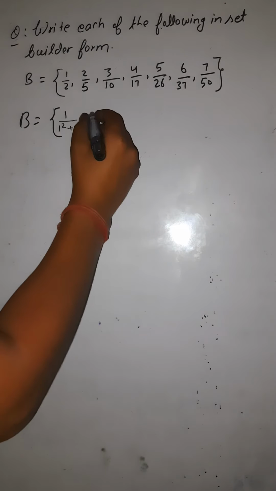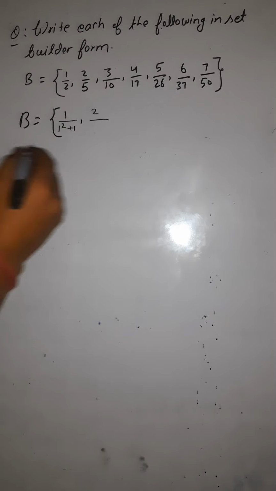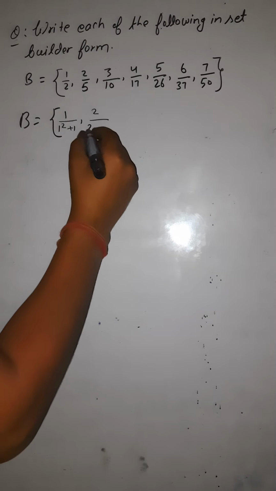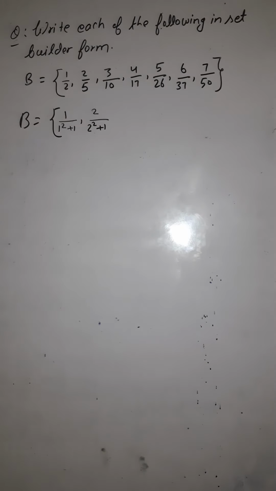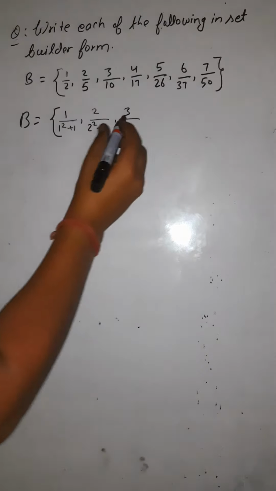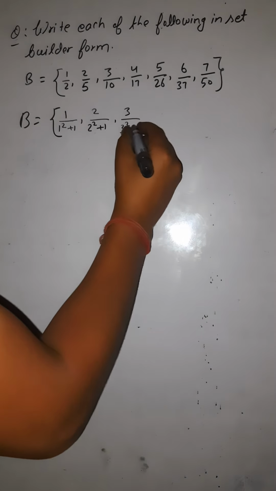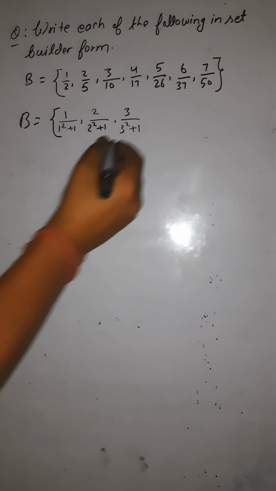Similarly, you have 2 and square of 2 is 4 and 4 plus 1 is 5. So I can write this 5 as square of 2 plus 1. Are you getting? Similarly, you have the next number, that is 3, and square of 3 is 9 and 9 plus 1 is 10. So I can write this as 3 by 10.